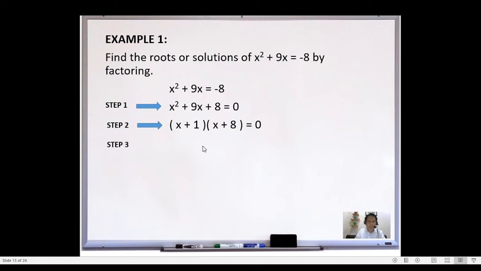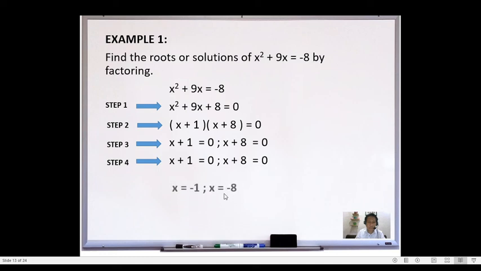The third step, we are going to apply what we call the zero product property, and that is x plus 1 is equal to 0, and the other one is x plus 8 is equal to 0. And the fourth step, solve the resulting linear equation, that is now x plus 1 is equal to 0, and the other one is x plus 8 is equal to 0, and that is x is equal to positive 1 transposed to the other side.